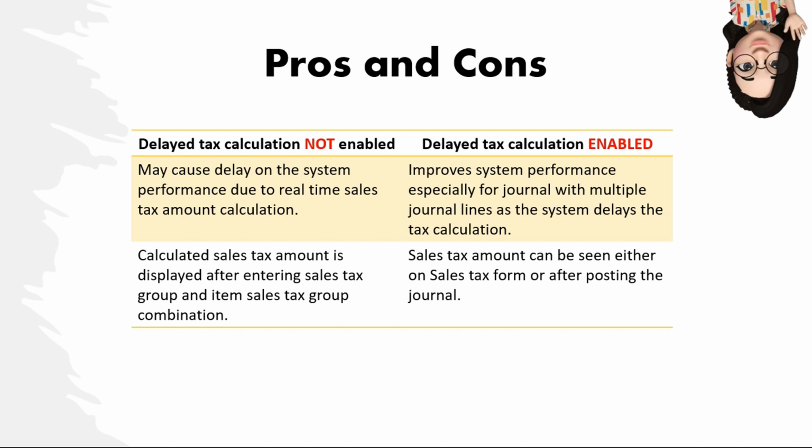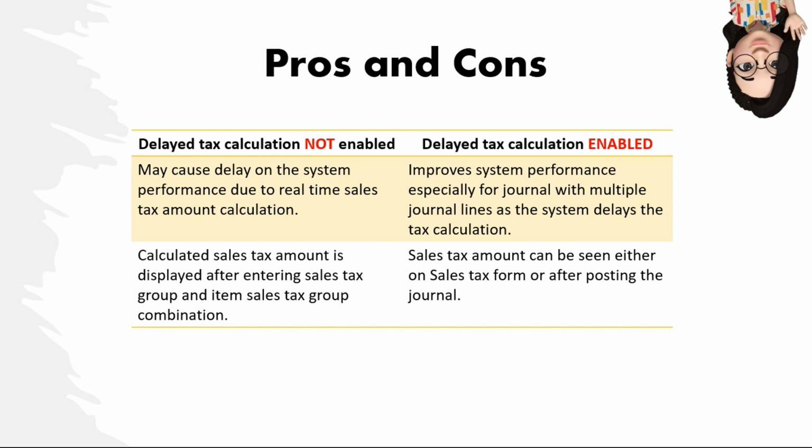When you do not enable the delayed tax calculation parameter, the calculated sales tax amount will be displayed for you after you enter your item sales tax group and your sales tax group combination. But if you enable that, then the actual sales tax amount will not be displayed on the vendor invoice form or on any other journal form that uses sales tax.